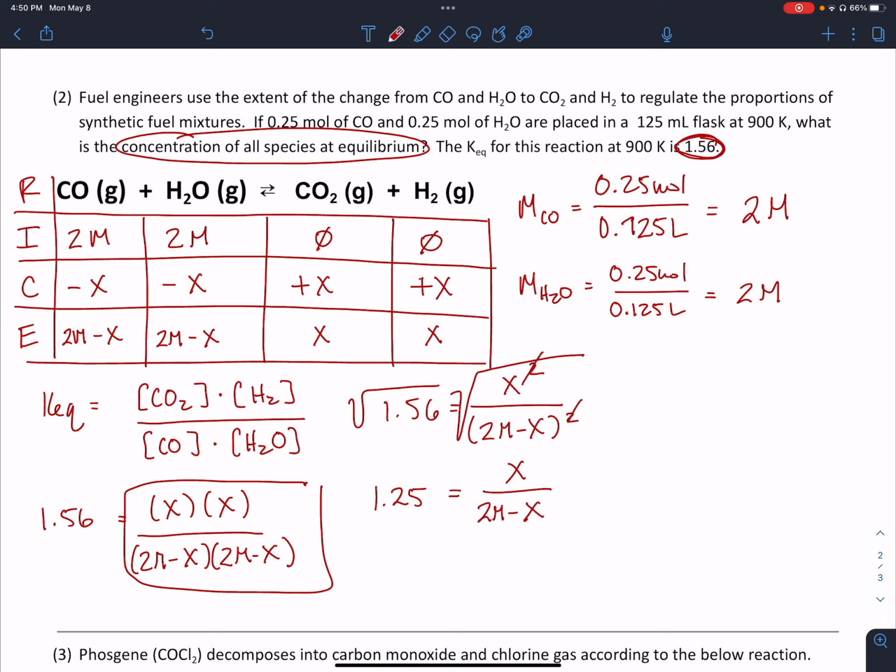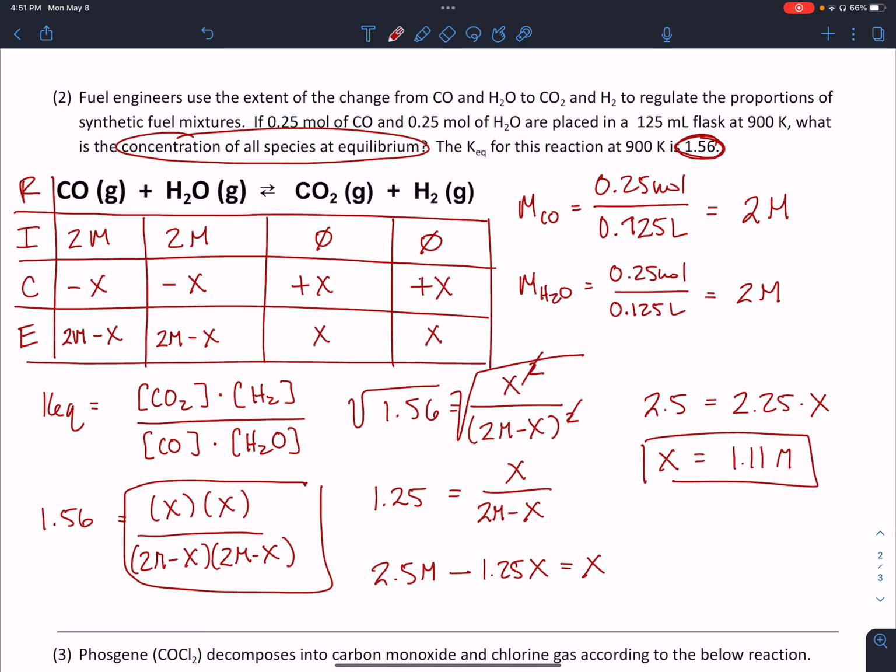I'm going to multiply both sides by 2 molar minus X, and then I'm going to start to isolate. So I end up with 2.5 molar minus 1.25 X equals X. Now I'm going to slide my 1.25 X to the other side, and then I'm going to end up with 2.5 equals 2.25 times X. Solve for X, 1.11 molar.